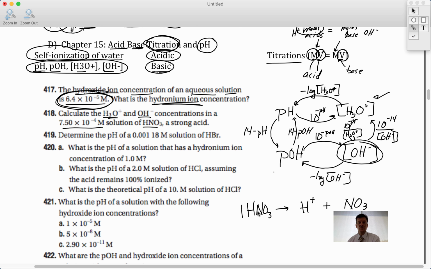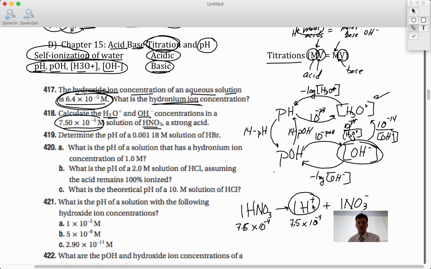So one of these is going to create one of those, and it's also going to create one of the NO3, but we really don't care about the NO3. We're looking at the H plus, or the hydronium ion. So it's a 1-to-1 ratio. So if they're giving me the concentration of the HNO3, if this is 7.5 times 10 to the negative 4, then that's going to create the same amount of H pluses, or hydronium ion.